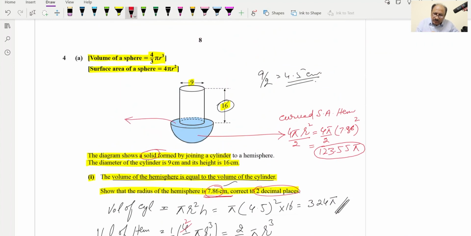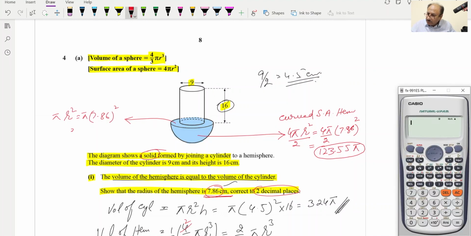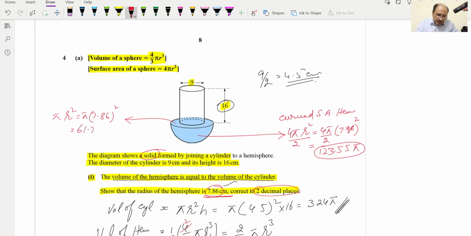We require this surface area, and this is pi r squared. This is the area of the base of the hemisphere, which is like the top portion, which is circular. The area will be pi r squared, which is pi into 7.86 squared, and this will be equal to 61.78 pi.